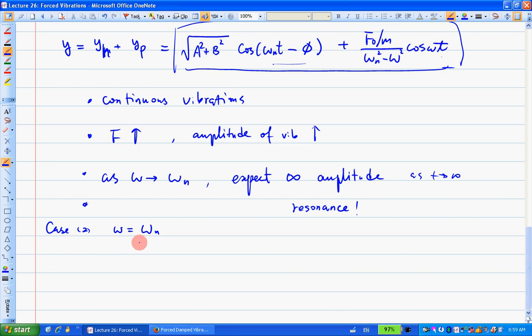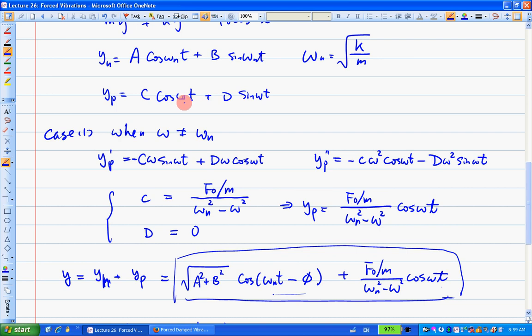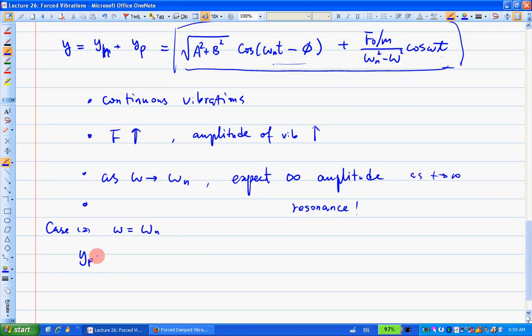When omega is the same as omega n, then I'm going to have to modify this yp by multiplying it by t. So that's the modification rule, right? So then yp will be c cos.